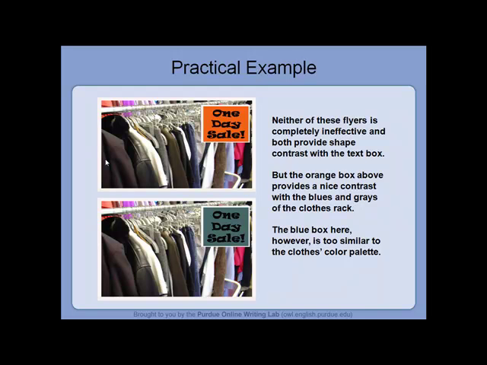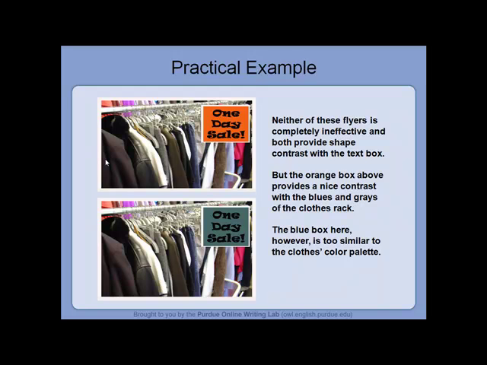The one on top is not completely ineffective, but the orange box really gives a nice little punch. If you look at the one on the bottom, notice that blue-gray. The clothes happen to have a lot of blue-gray in them as well. So you want to have some punch, a complementary color, so use some orange, and suddenly there's that big sale, one-day sale, oh my gosh, I've got to get down there, and it can really draw in your users.